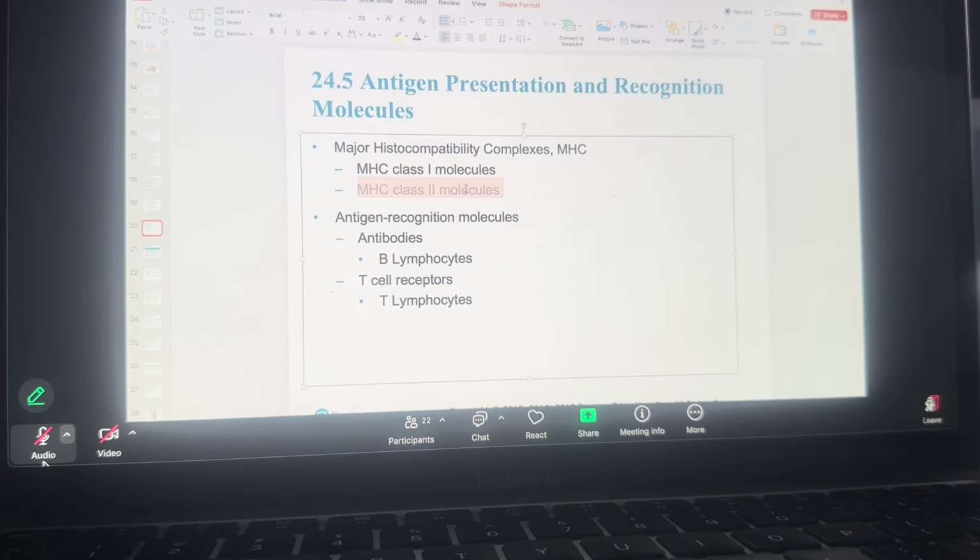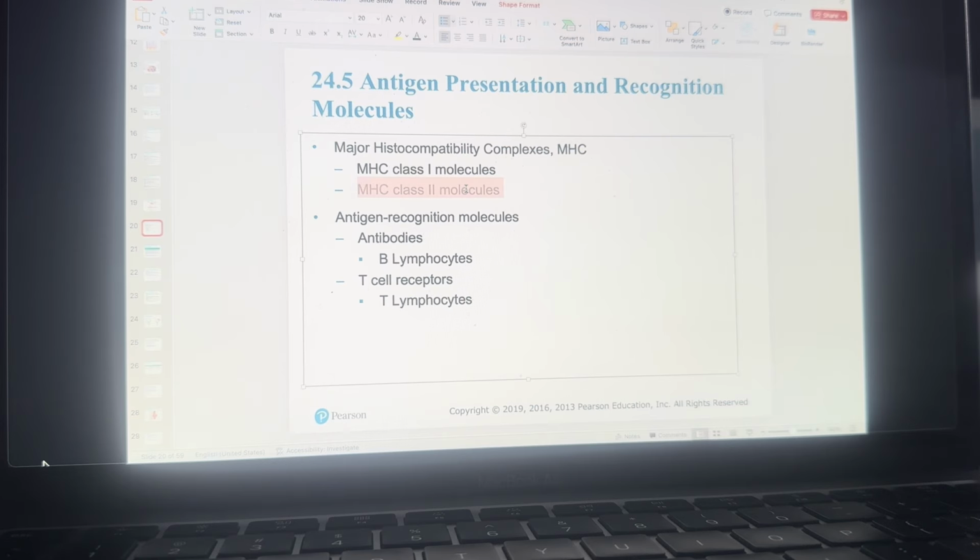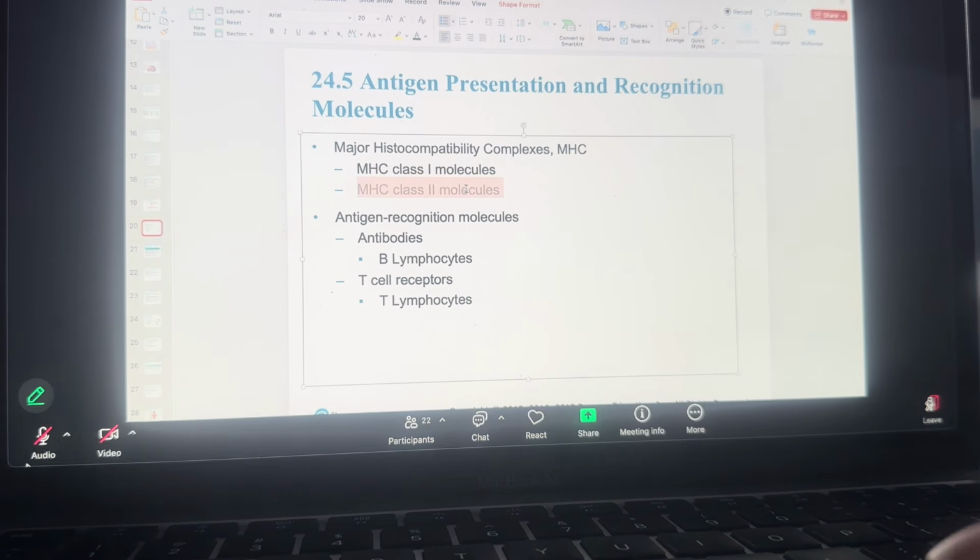MHC class 2 molecules are found on antigen presenting cells and macrophages, right? So those are molecules that can mount different pieces of antigens and abnormal proteins so that this T cell can come by and check for diseases and stuff like that.